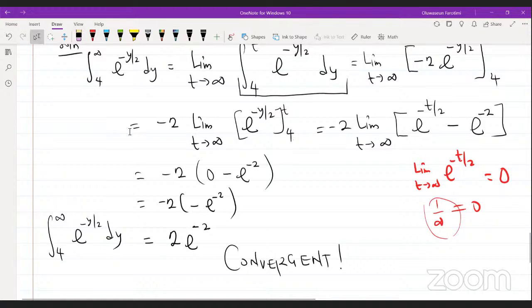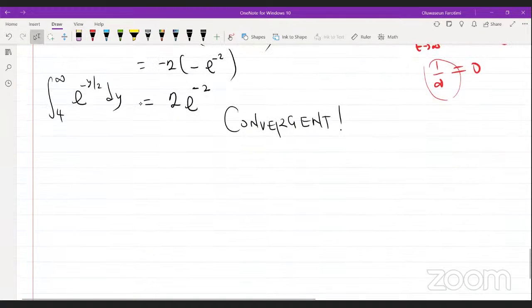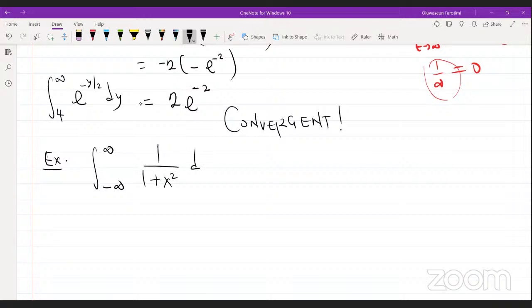Okay, so let's take another example. Now, if you have the integral from negative infinity to infinity of 1 divided by 1 plus x squared dx. If you back up a little bit, guys, you remember that if you're going from negative infinity to infinity, you break it up into 2 bits. So I can do the same thing here.